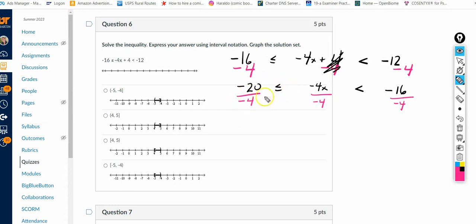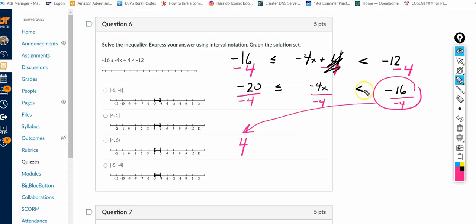This is where we're going to start. So negative 16 divided by negative 4 is going to give me positive 4.